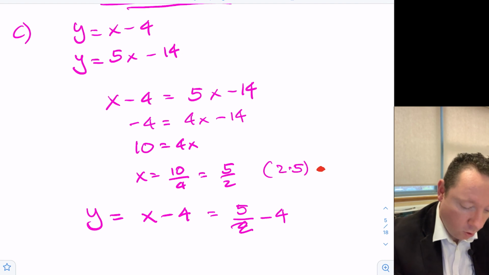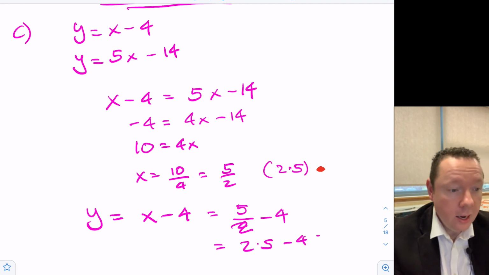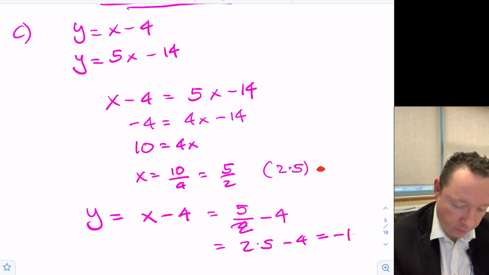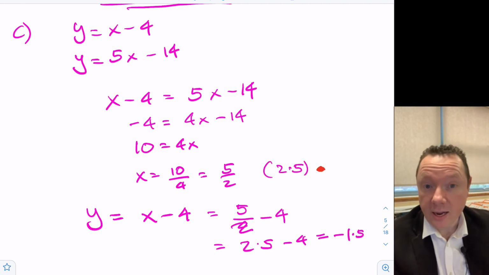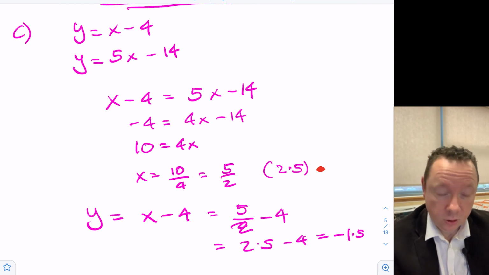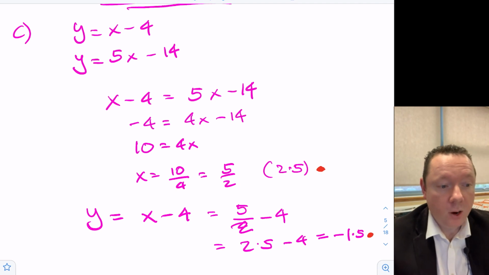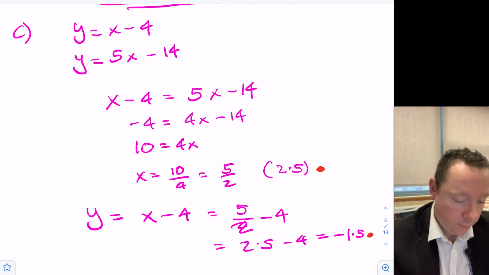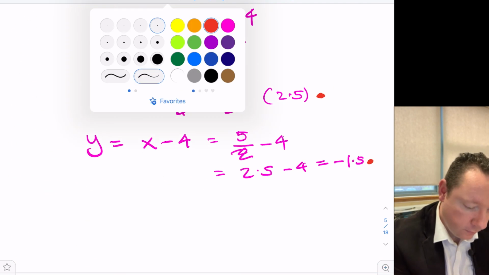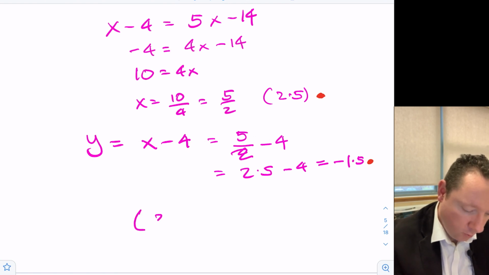But again, remember, we're on a calculator paper here, so you'd be as well just using decimals. 2.5 minus 4 equals minus 1.5. If you use fractions, that's fine, but you'd be writing minus 3 over 2 as a simplified fraction. So there's your second mark for getting the y part of the coordinate. The point is 2.5, minus 1.5.